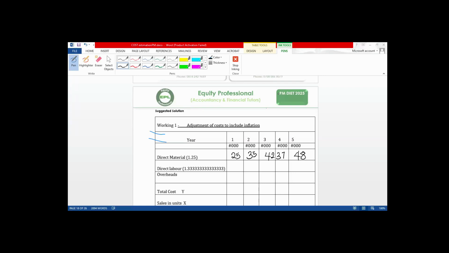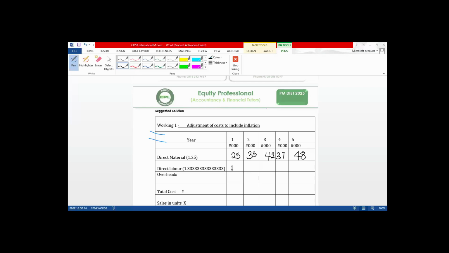Yes, how do you convert it? That's 1.3313. Now, 1.333333 something. Me, I stop at 13. And that's the problem. Because you stop at 13, you are rounding up. You are going to lose figure.